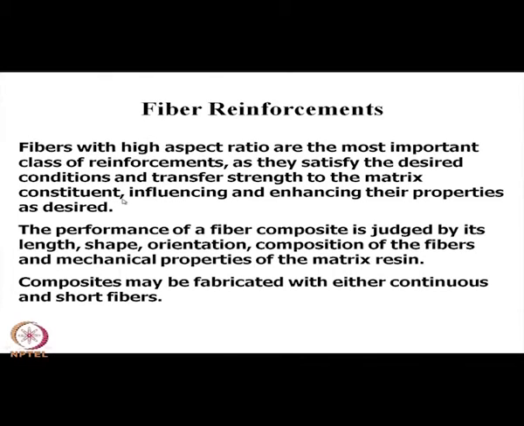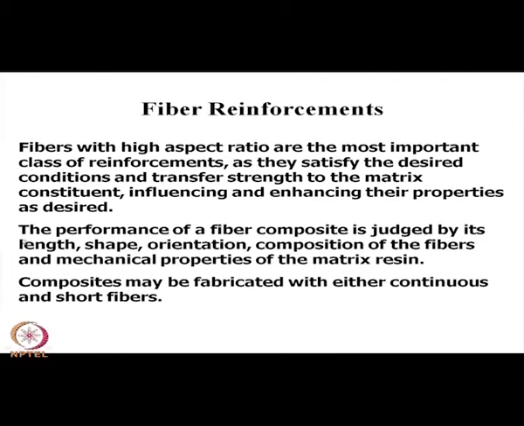This transfer of load will be higher if the aspect ratio is very high, if the interface area is very high, and that will influence and enhance the properties of the composite as is desired for one particular grade of product.